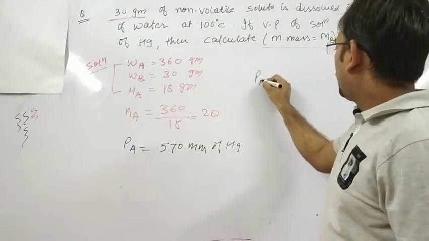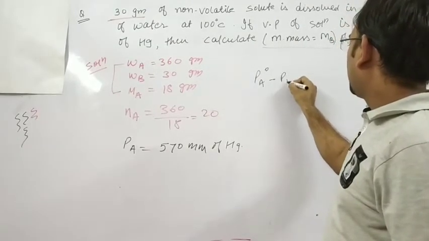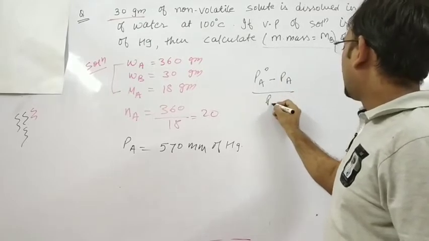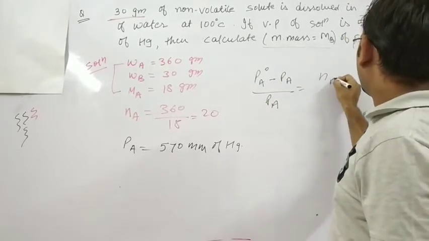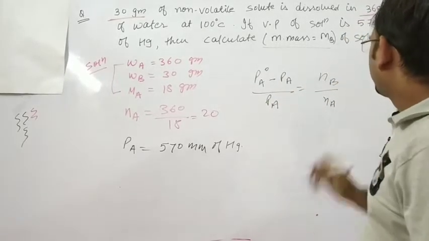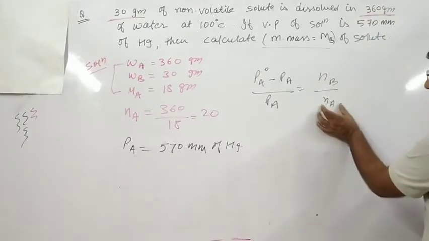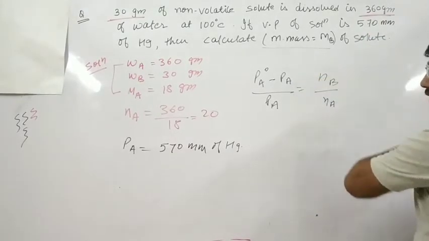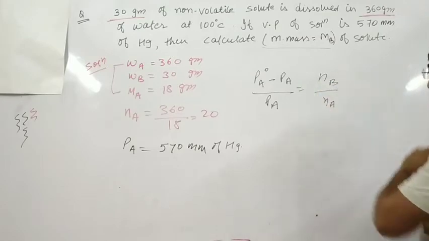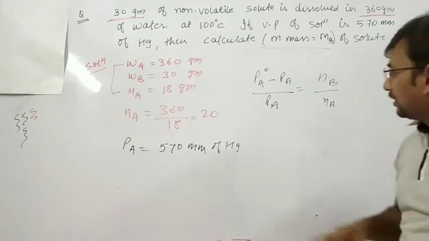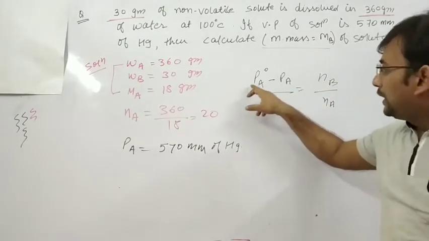So, according to the formula, P0A minus PA divided by PA is equal to moles of B divided by moles of A. Here the mass of solute is known, but the molecular mass of solute is not known. PA is known, P0A is not known.